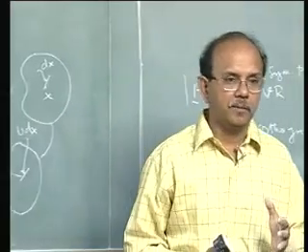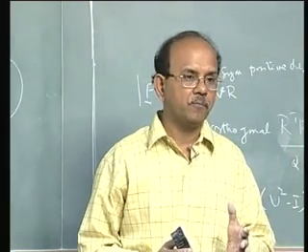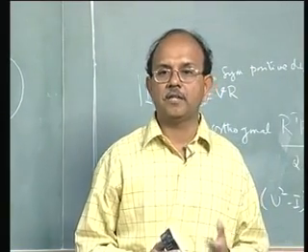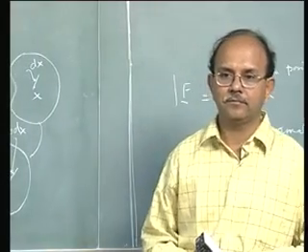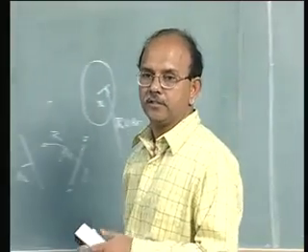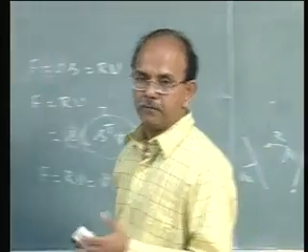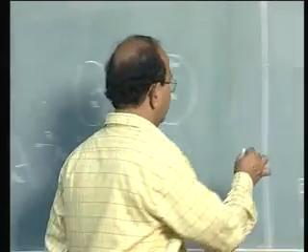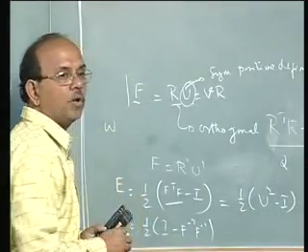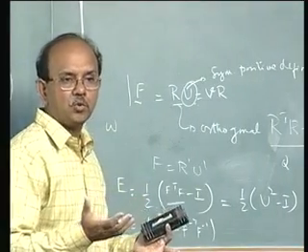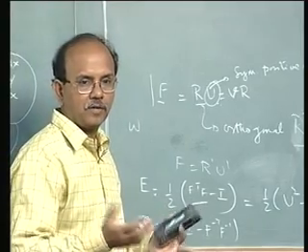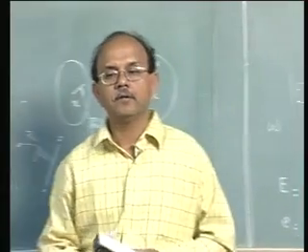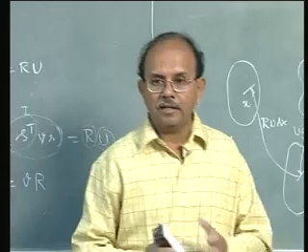The skew symmetric part you would have called omega, the spin tensor, which is half of u i comma j minus u j comma i. That is a skew symmetric part, so you would call that a spin.